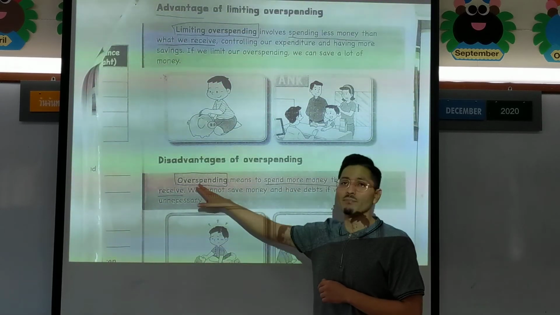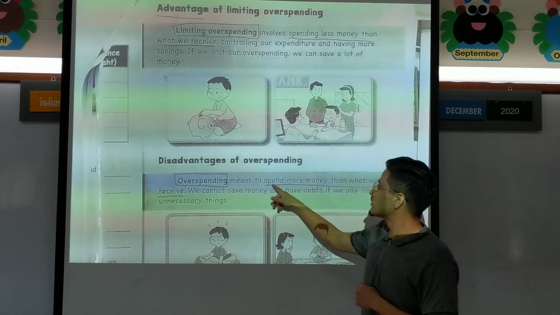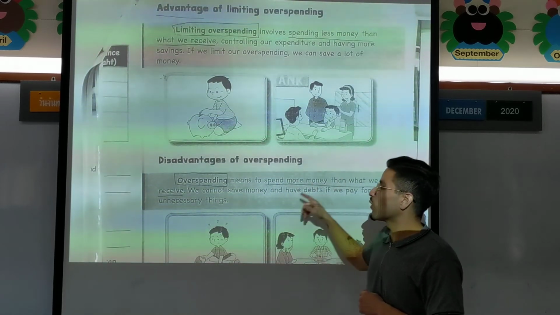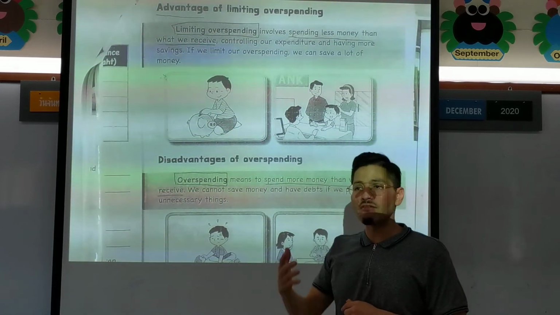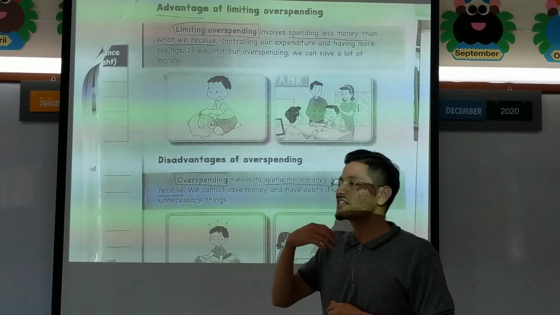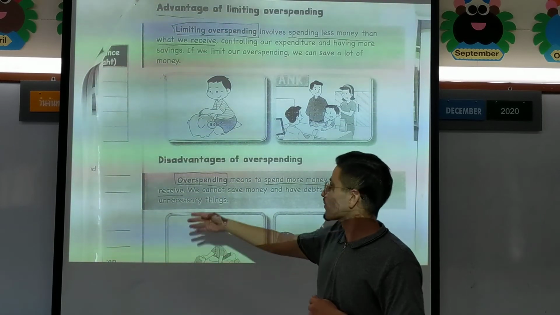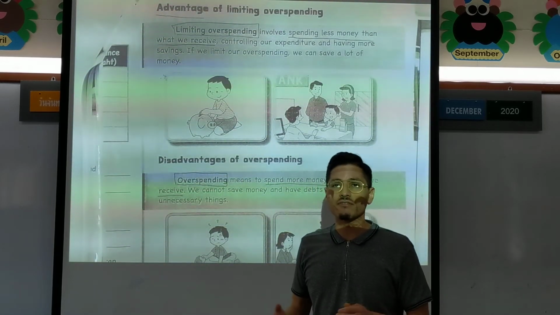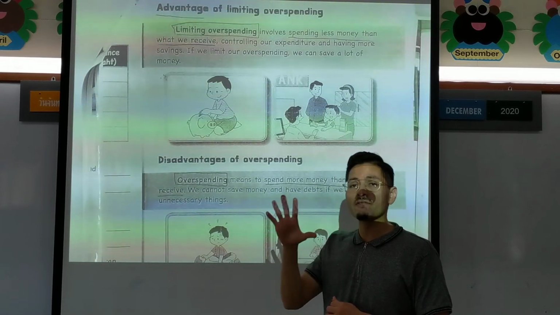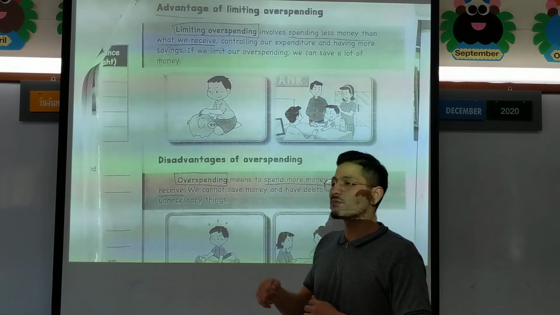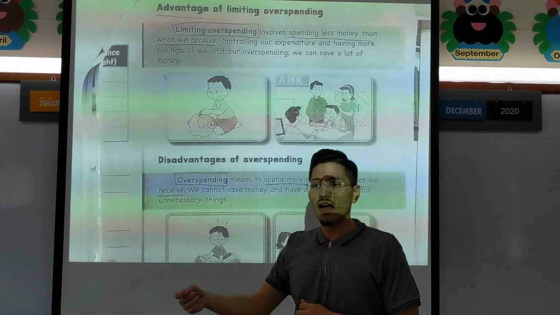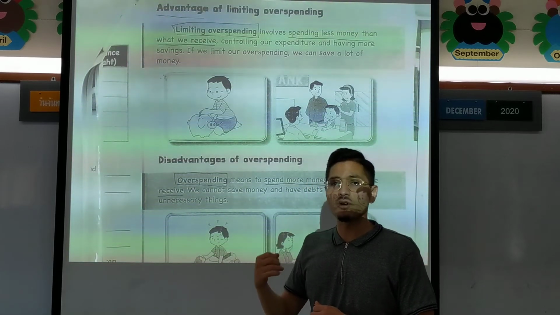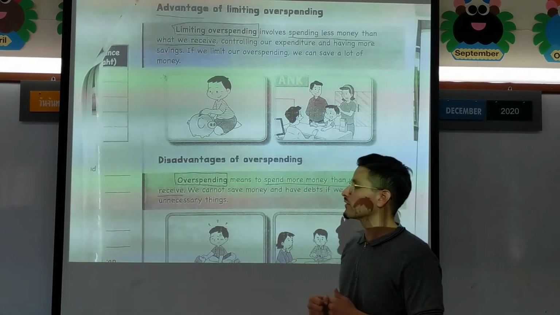And overspending, this means you spend more money than what you receive. I have 50 baht and I buy something for 50 baht, I overspend because I have no money left. But if I have 50 baht and I buy something for 30 baht, I have 20 baht left over. So I save 20 baht, okay?